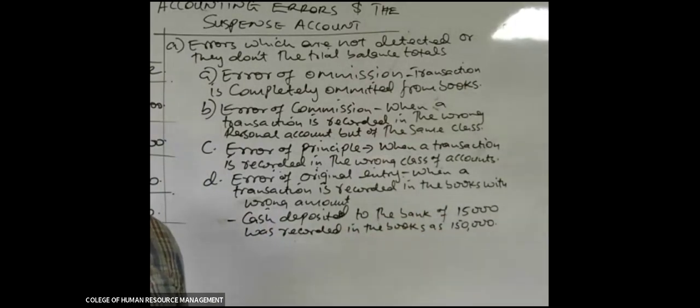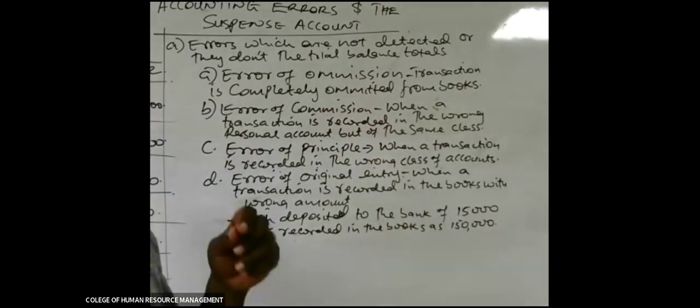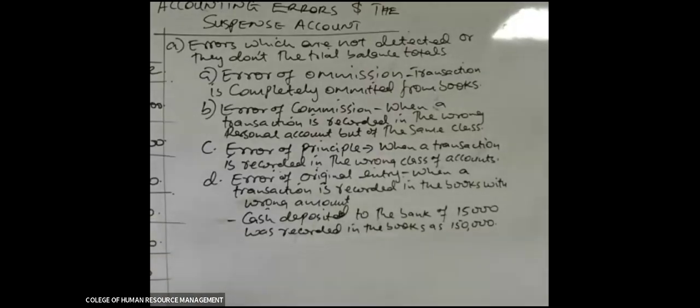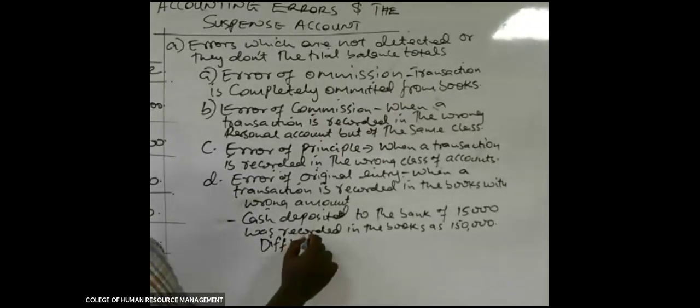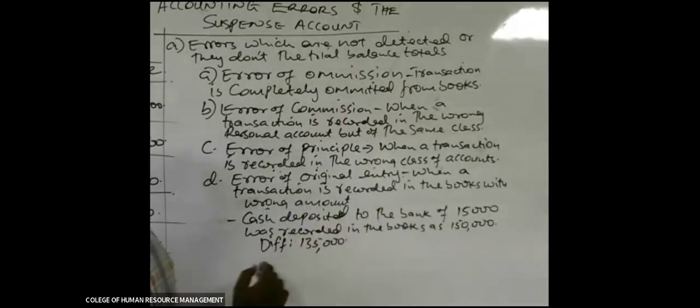In this case, you have done what we call overcast. You have used more than the correct or actual amount. So you need to get the difference. 150,000 minus 15,000 is 135,000. What does that mean? When you take cash to bank, you debit bank and credit cash.